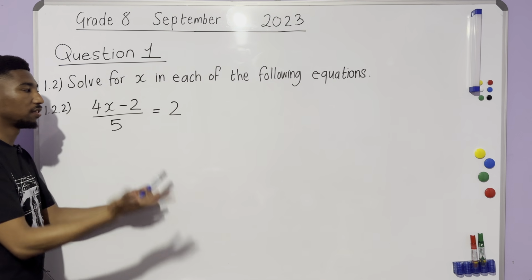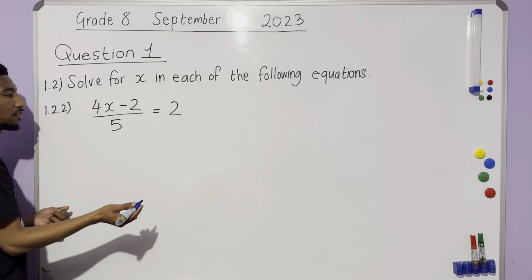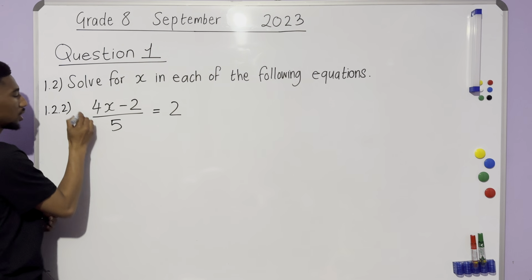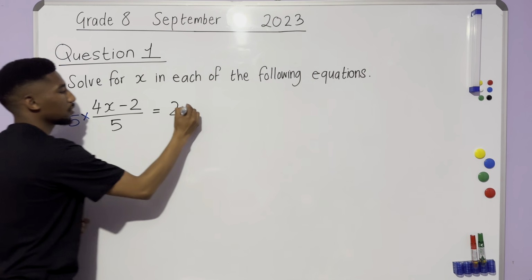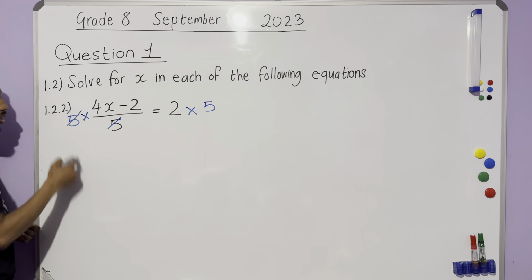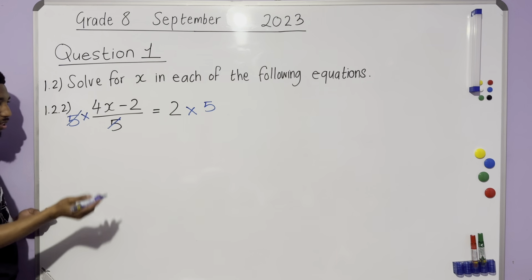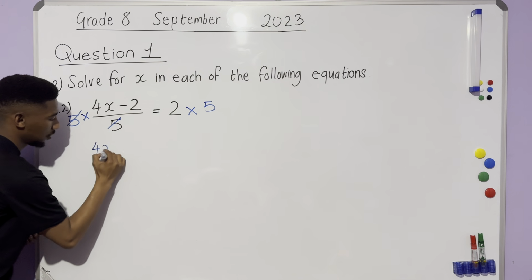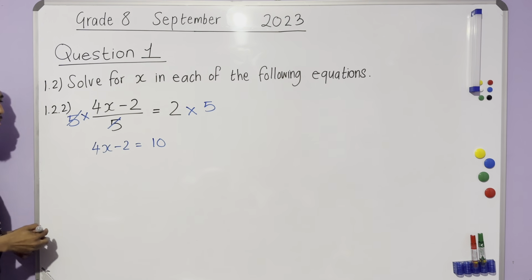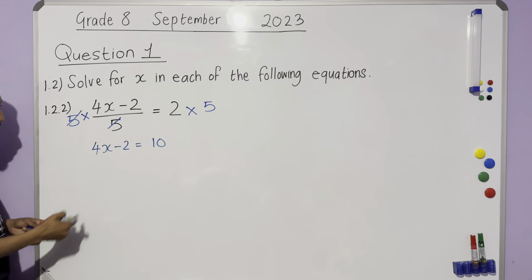The inverse of divided by 5 is multiplied by 5. So what we do in this case is we multiply both sides by 5. And initially this cancels because 5 divided by 5 is 1. And we have 4x minus 2 equals to 10 because 2 times 5.